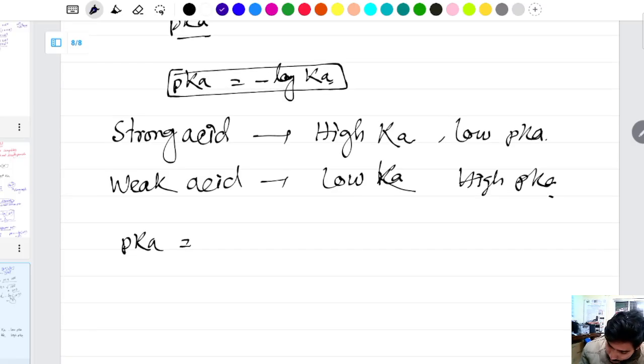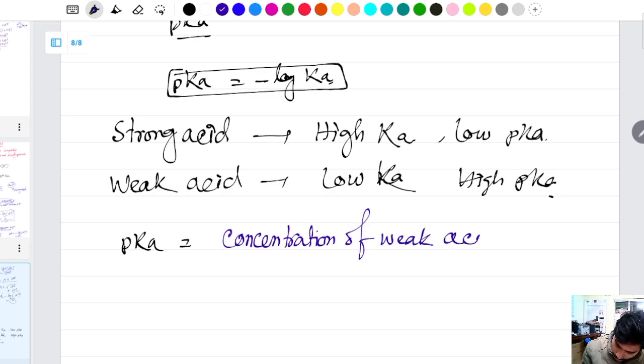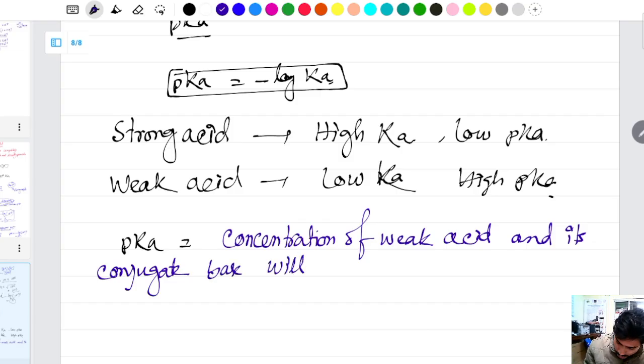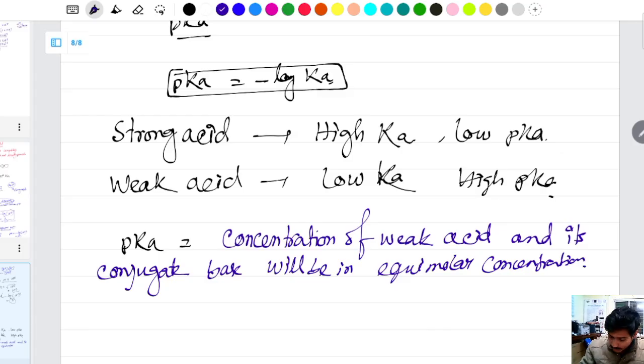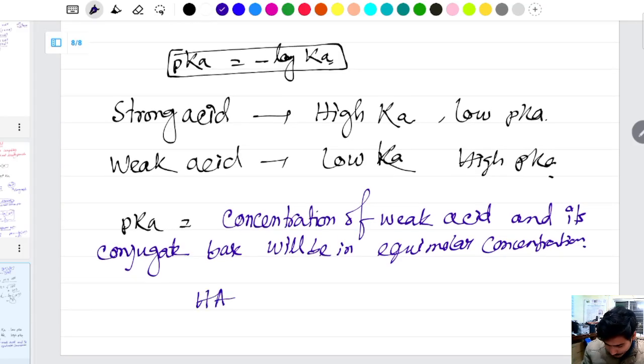The concentration of weak acid and its conjugate base will be in equimolar concentration. Hope that you can understand, like the HA 50% dissociation, H plus plus A minus, that will be there.